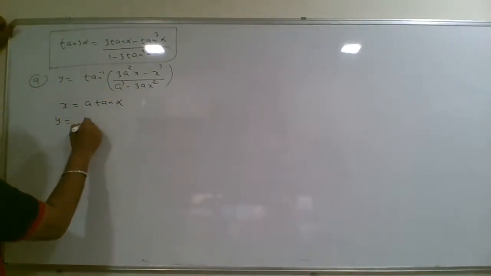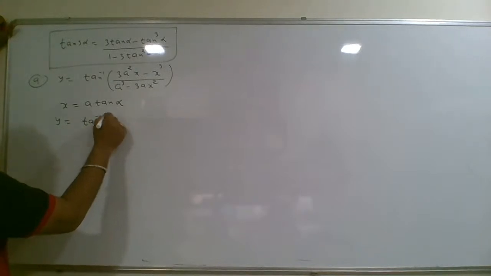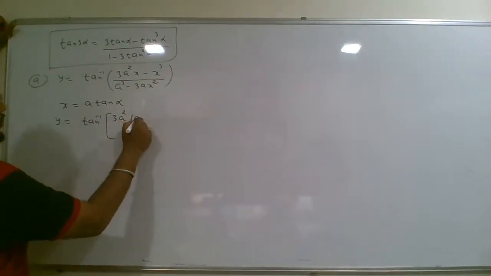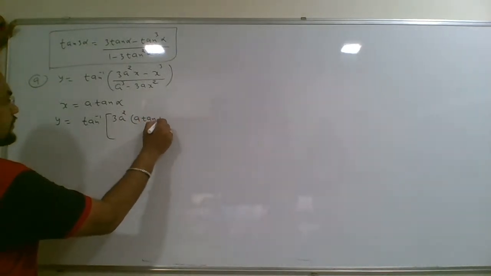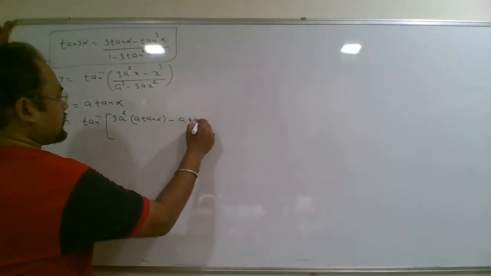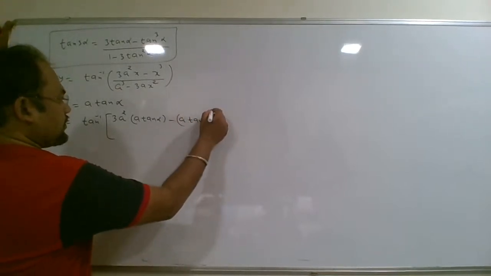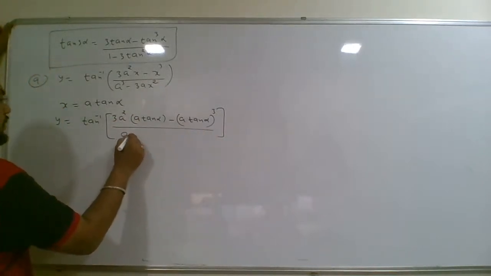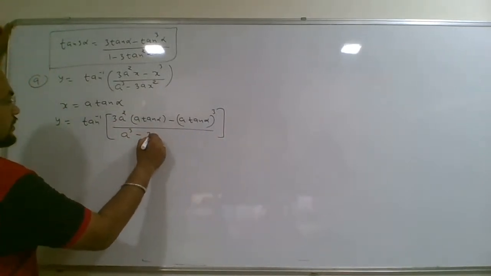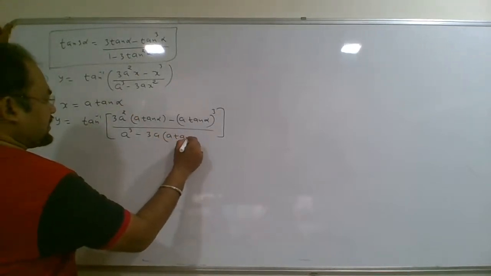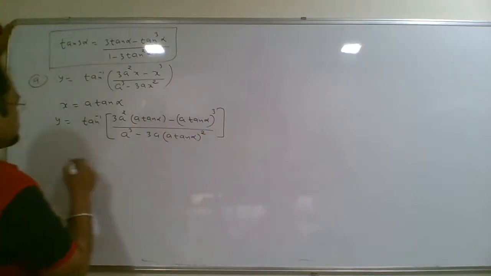So y equal to tan inverse of 3a square x, with x equal to a tan alpha, minus x cube, meaning a tan alpha whole cube, whole divided by a cube as it is constant, minus 3a x square, a tan alpha square.